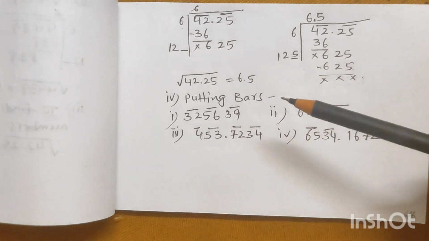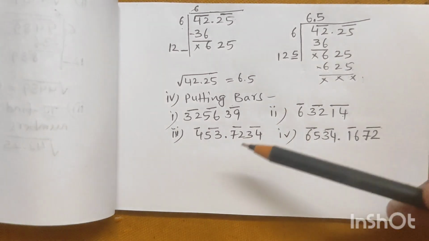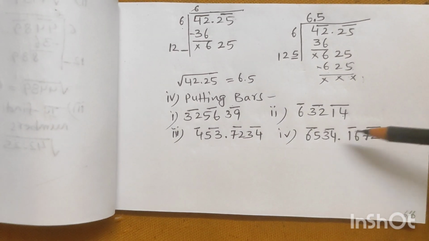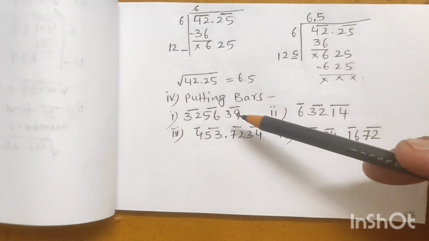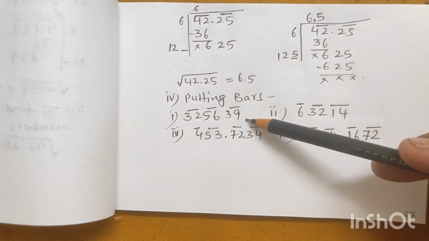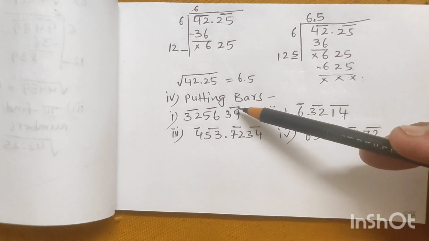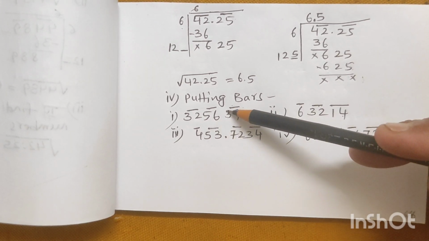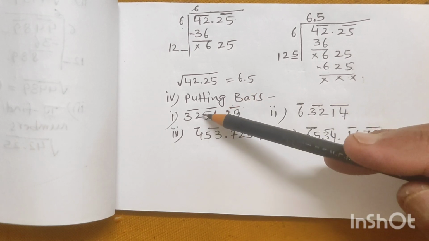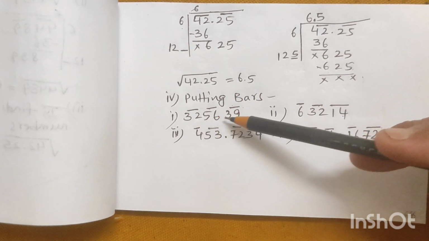Now explaining the method of putting bars, see, we have shown here 4 numbers and put bars there. If you see them, now this is not a decimal number, so we start putting bars from this side towards left. This bar here, a pair, this bar here and this bar here. So total there are 3 bars.